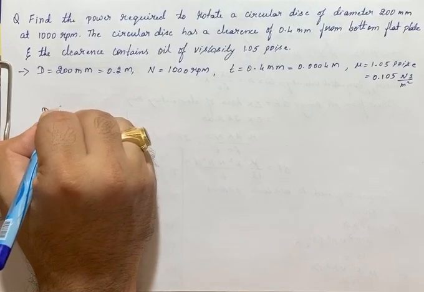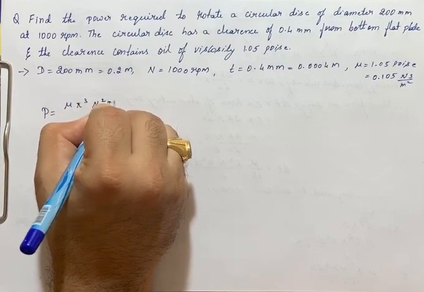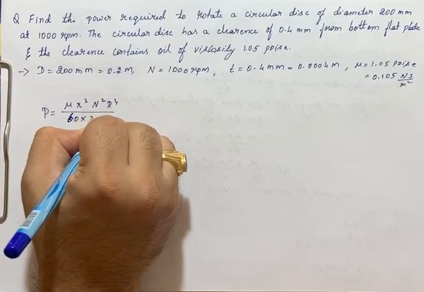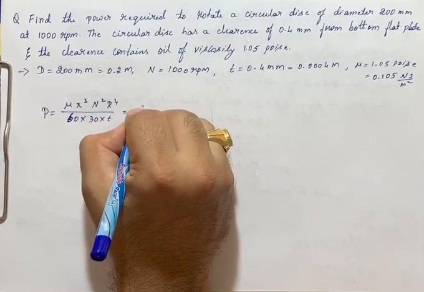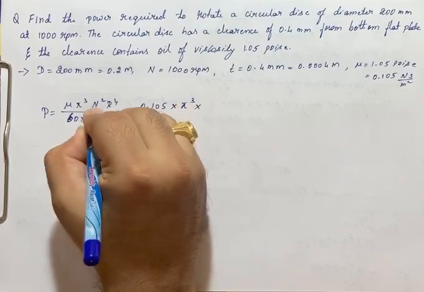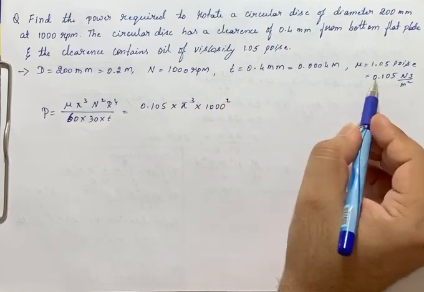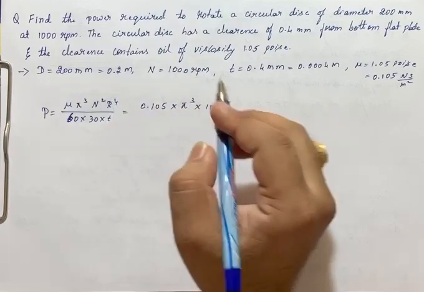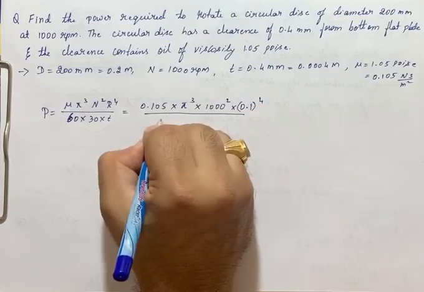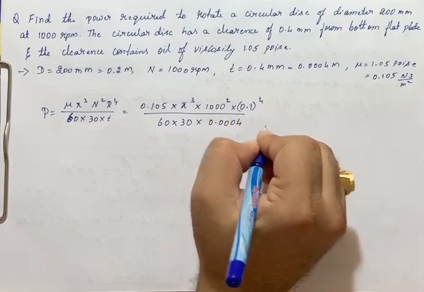Mu is 0.105, pi cube as it is, n square with n as 1000 rpm is 1000 square, r is 0.1 meter, since the diameter is 0.2 meter, raised to 4, whole divided by 60 into 30 into the thickness 0.0004.